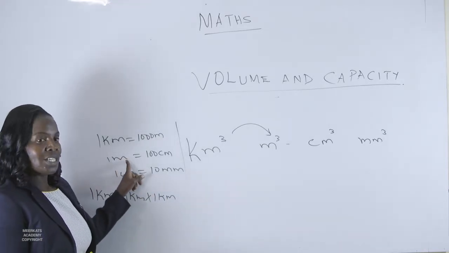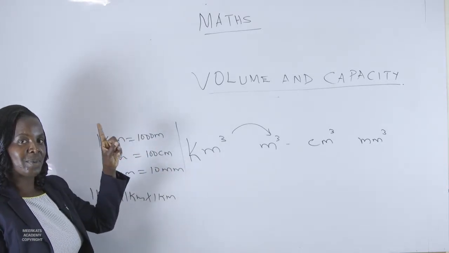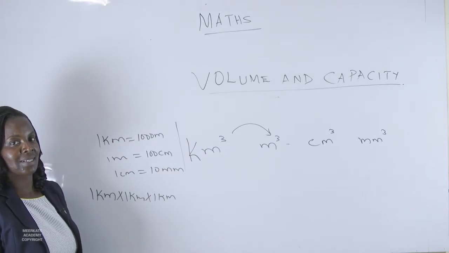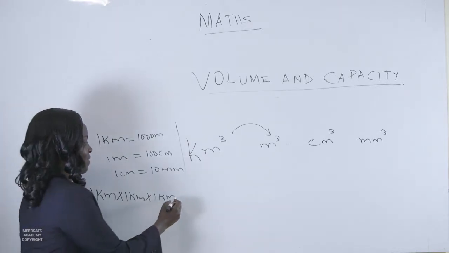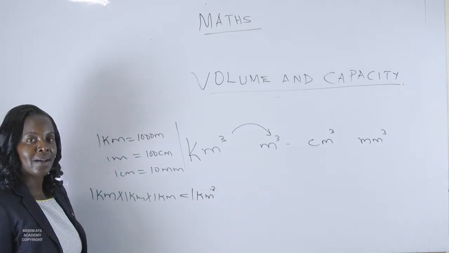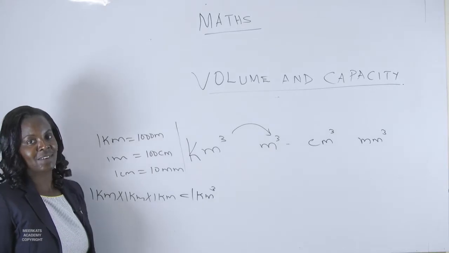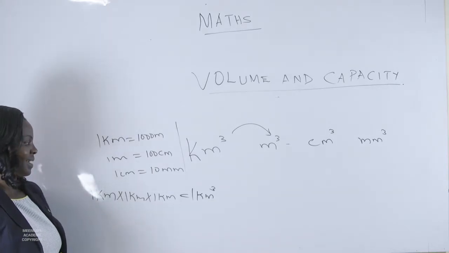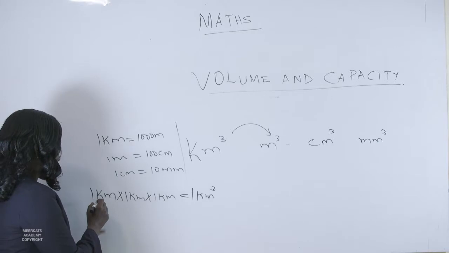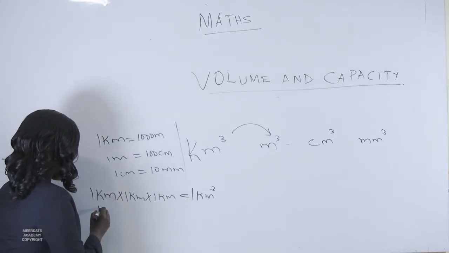Now, if we are supposed to change into meters, in 1 kilometer we have how many meters? 1,000. So that will give us 1 cubic kilometer. So in 1 cubic kilometer, let us find out how many meters are inside. For 1 kilometer, we have how many meters? 1,000.